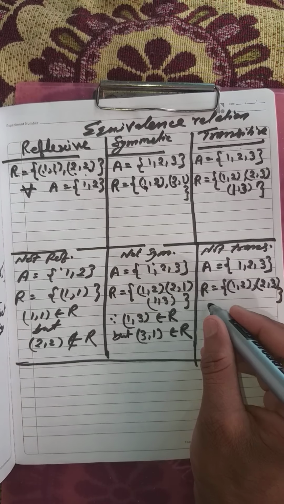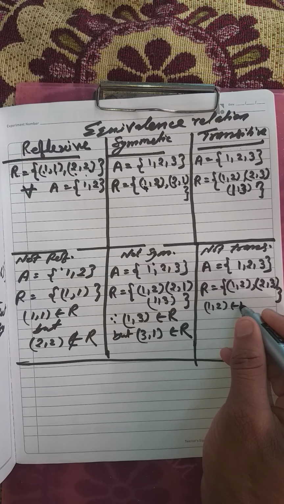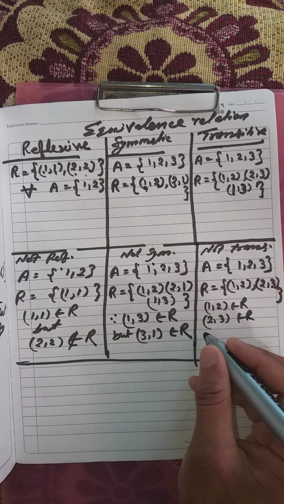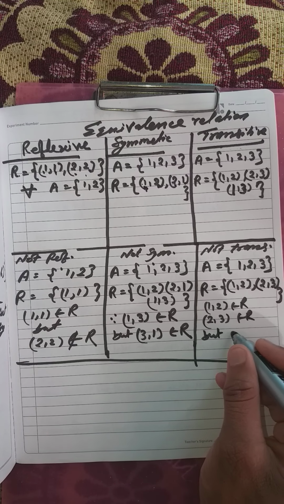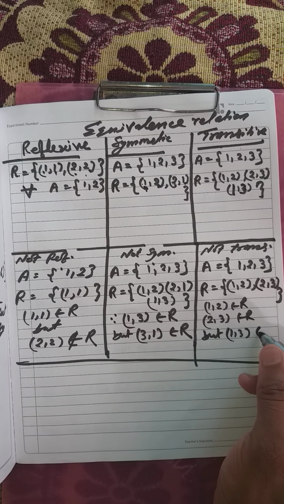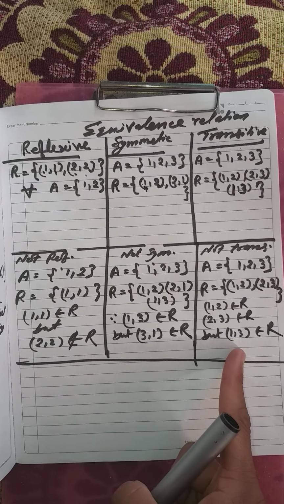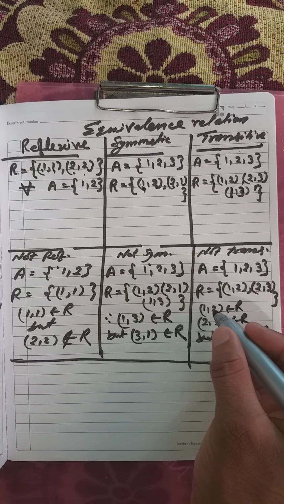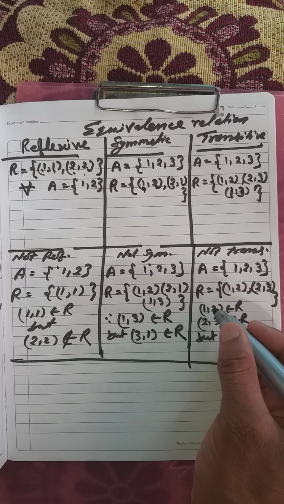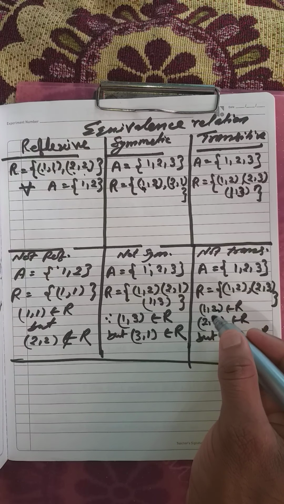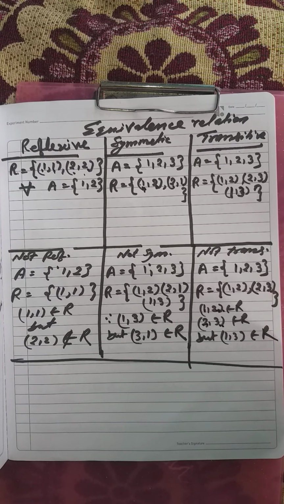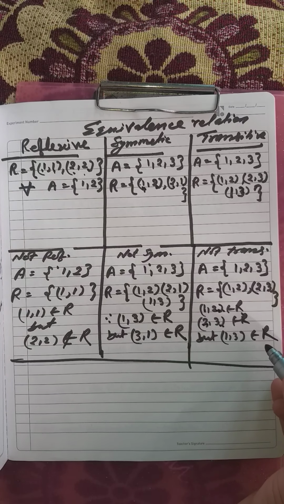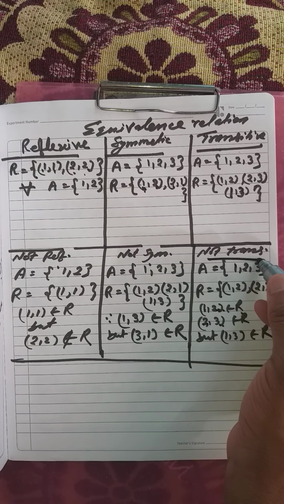No. Since (1, 2) belongs to R and (2, 3) belongs to R, but (1, 3) doesn't belong to R. So such a type of relation is not called transitive. As you know, for (1, 2), (2, 3), the 2 must be common. (1, 2) belongs to R, (2, 3) belongs to R, but (1, 3) doesn't belong to R. The relation is not transitive.